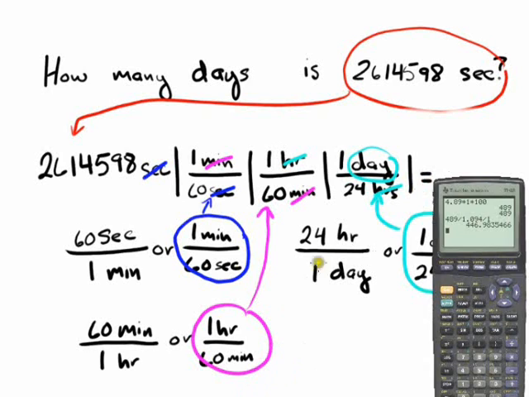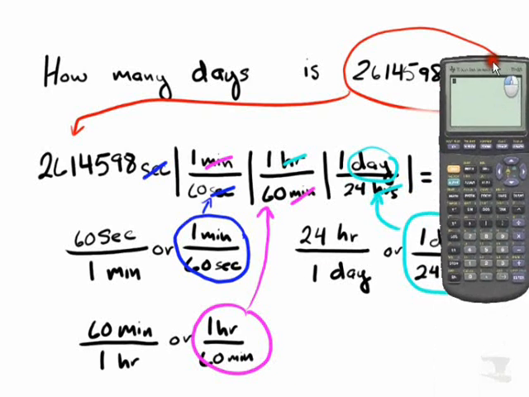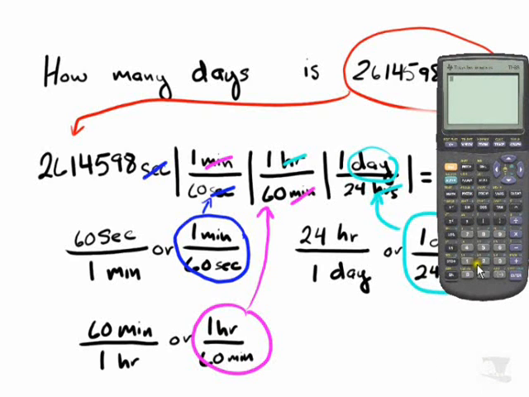So now, get out our calculator, hit clear, let's do some math. 2614598 times the first digit up here, 1, times the first digit up here, 1, times the first digit up here, 1, and then I hit enter.